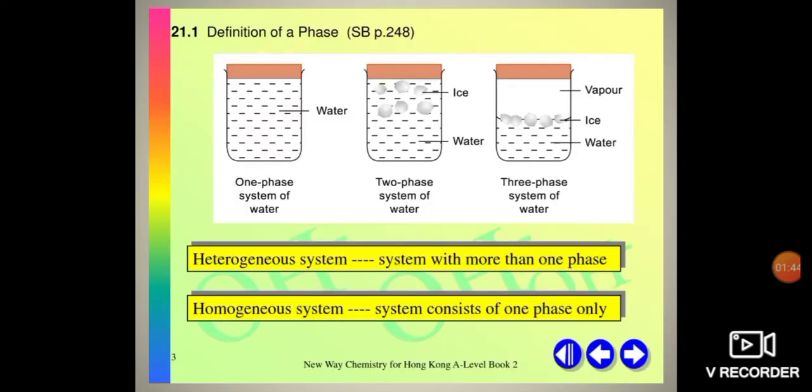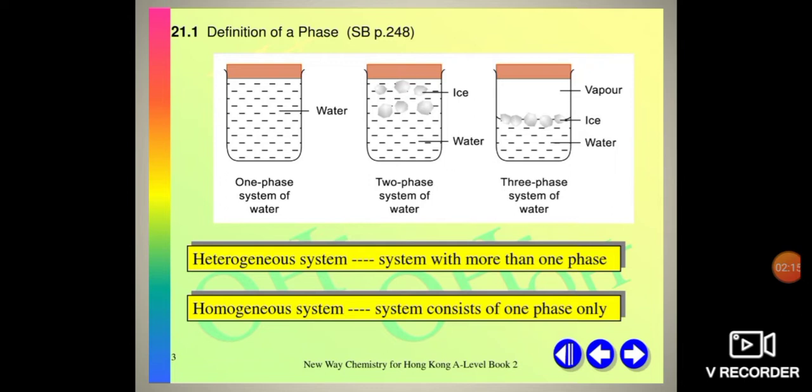Next, there is a picture diagram. The first diagram shows a one phase system of water, containing only water. The second shows the presence of water and ice cubes, that is, liquid state water and ice, the solid state. So two states are there. The third shows water, the liquid, ice cubes, and water vapors.